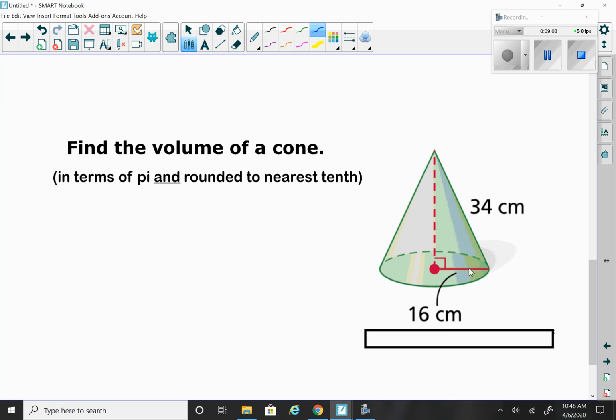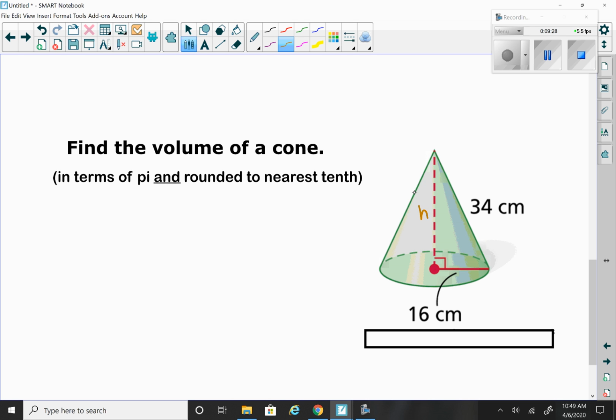The next cone practice problem says find the volume of a cone in terms of pi and rounded to the nearest tenth. One thing you'll notice in this example is they gave us a slant height of 34 and you have to figure out the actual height. Well, I can see that we have a right triangle here, so you're going to use the Pythagorean theorem to figure out your height. Once you have your height, figure out the volume of this cone.